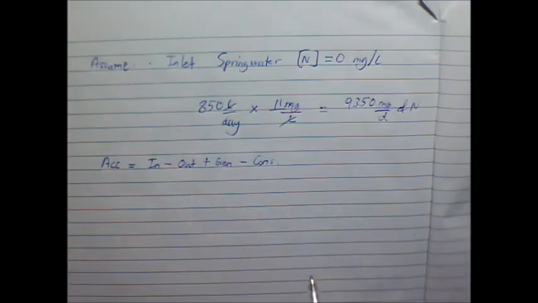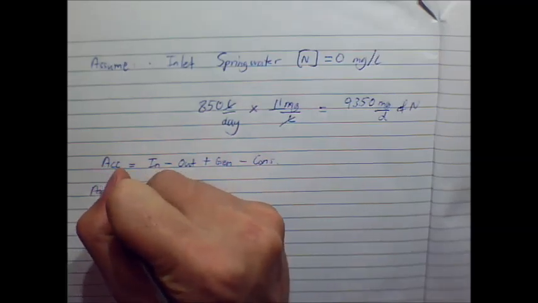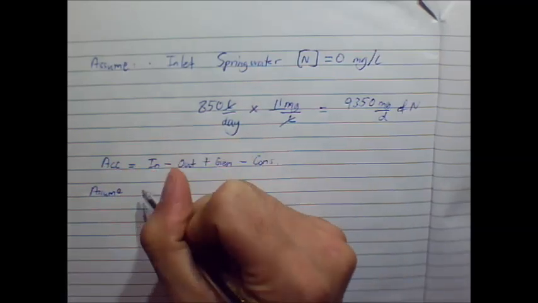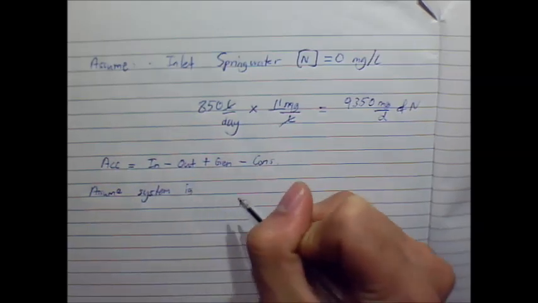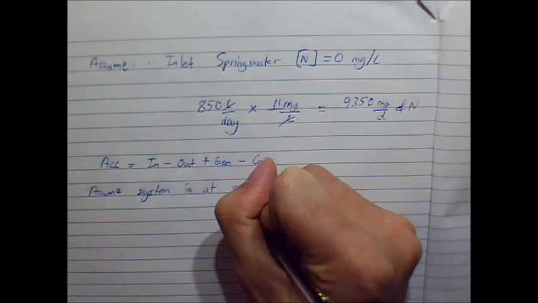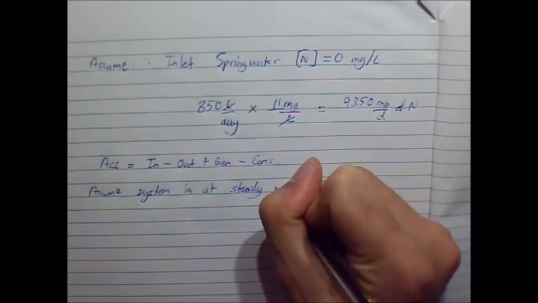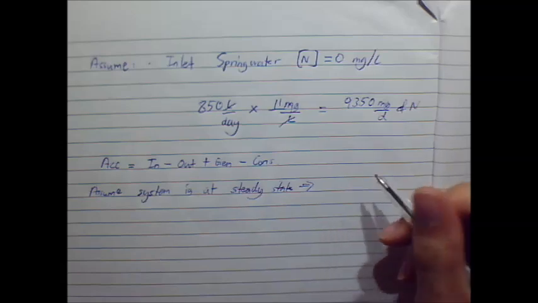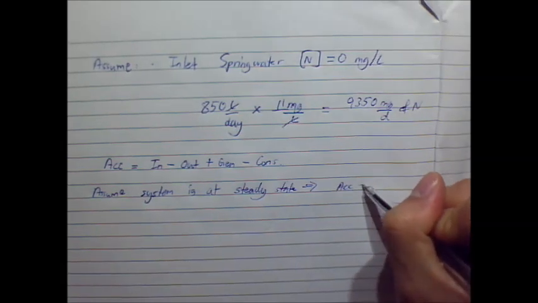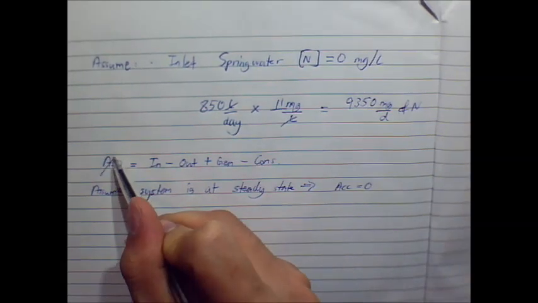We can simplify that equation by making a few assumptions that we always make early on in chemical engineering. The 2 assumptions that we would have told you back in project session 3 were that we assume the system is at steady state, and what this implies is that the accumulation in the system is equal to 0. So this cancels out this term.